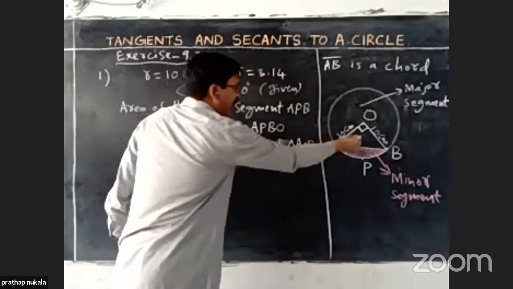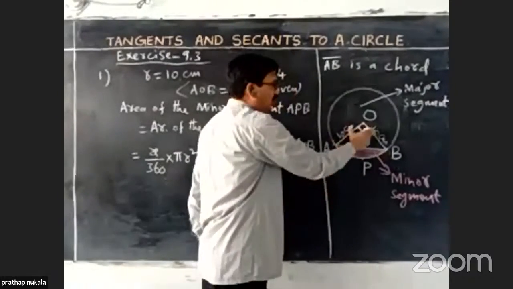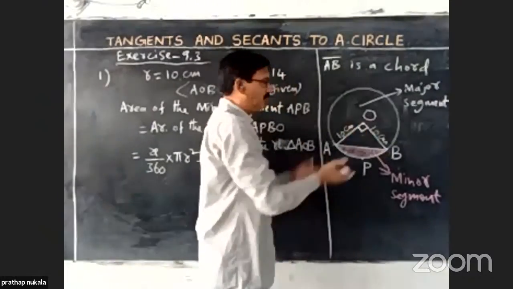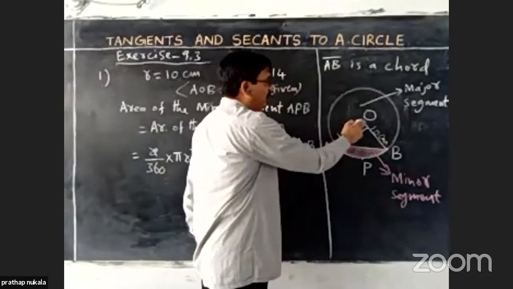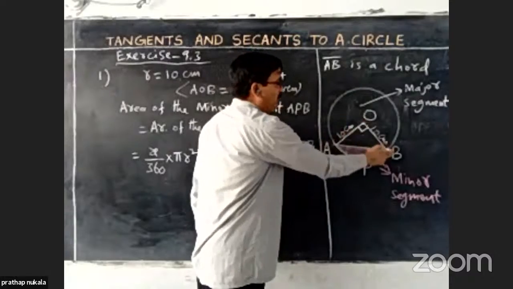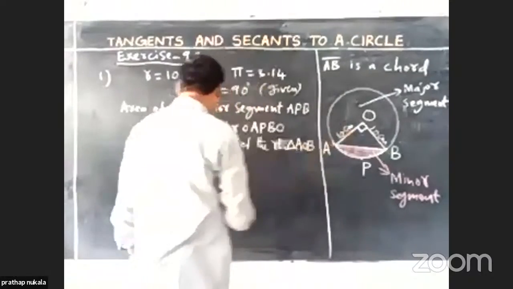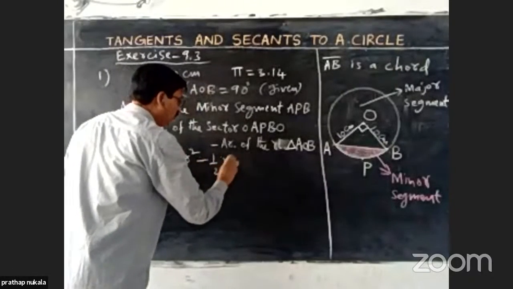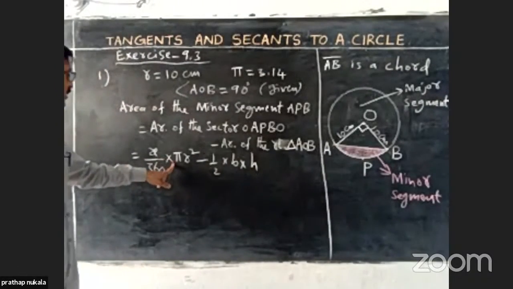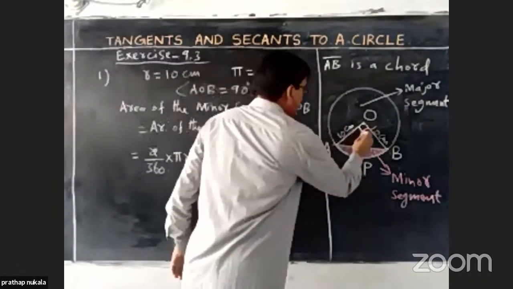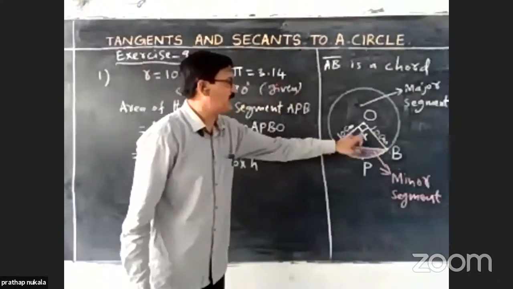Therefore, for the area of the right triangle, OA and OB are perpendicular to each other. If we take OA as base, then OB will be the height or altitude. That's why I'm writing half into base into height. This is the area of the sector. What is x? This is the sector angle. Here x equal to 90 degrees.